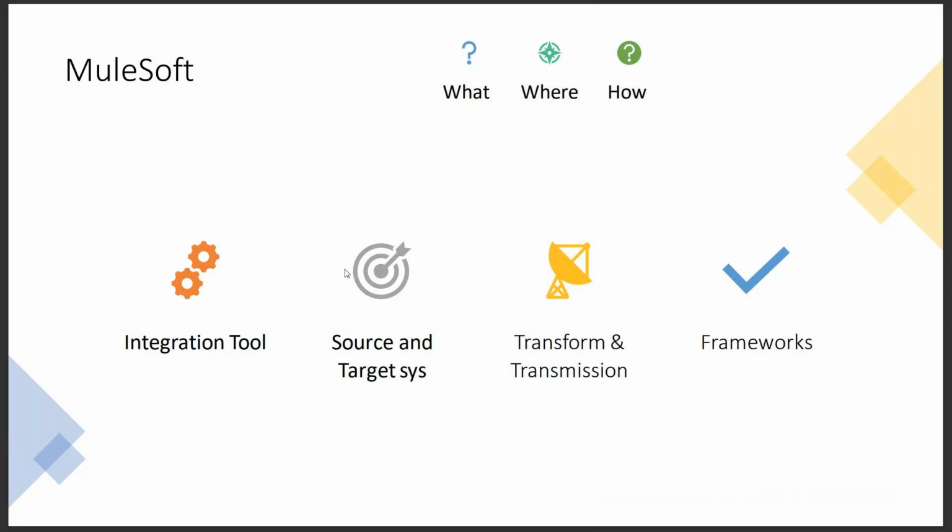The source systems could be anything from which you can take data: web applications, SAP, Salesforce, file systems, Jira, QuickBooks, Workday, or any other tool. We call these source systems. The target system could be a database, SAP, Salesforce, or anything to which you can publish the data. We call these target systems.